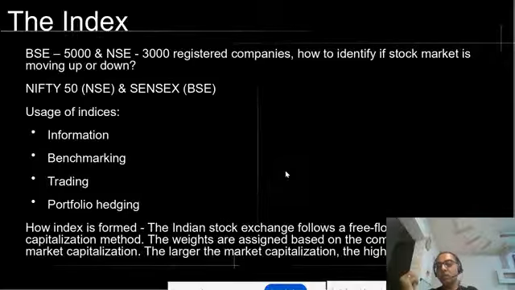That gives information. Many times you would have seen mutual funds, or some traders, also compare their trading performance or mutual fund performance with these indices. A few mutual funds would say that our benchmark index is Nifty 50. That means they will compare.